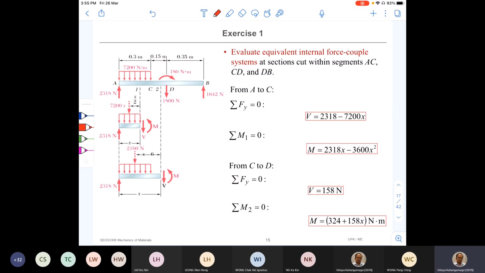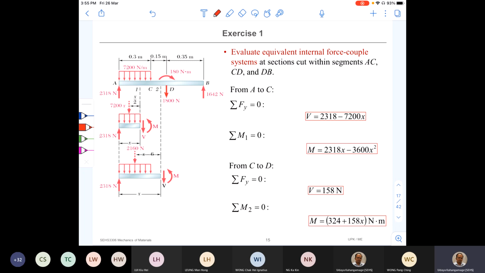You can see that the 1800 Newton force is now applied at point D, and the 180 Newton meter couple is there as well, right? Okay, so with this diagram, we can start writing our functions for shear force and bending moment.